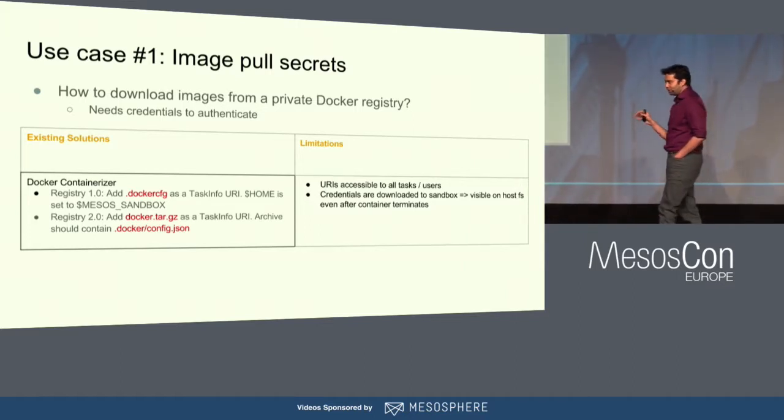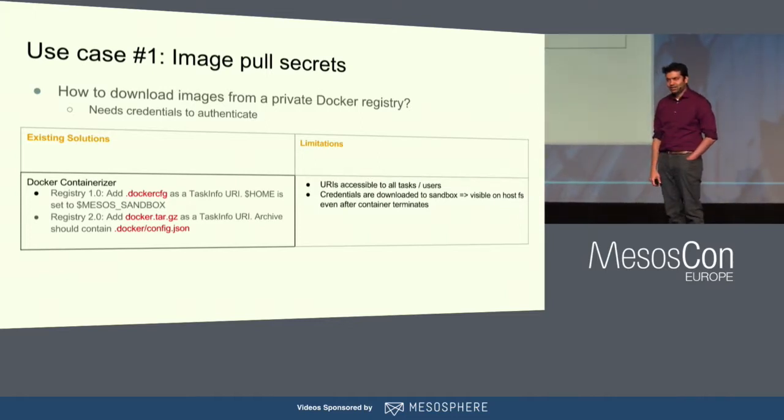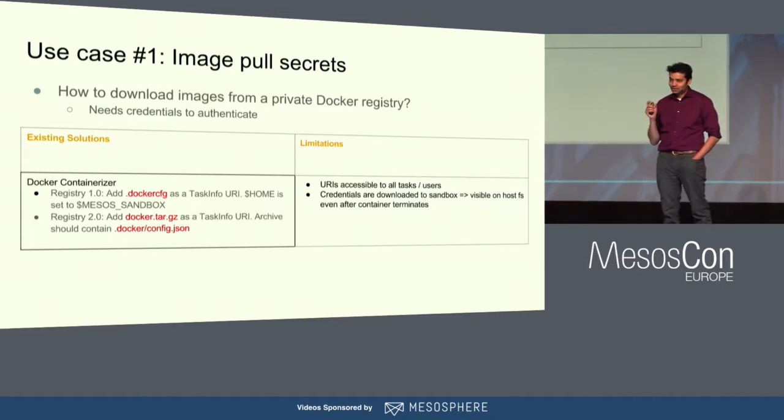The current solution that we have in Mesos is a bit hacky. If you are using Docker Registry 1.0 or 2.0, we take a special interest in some of the URIs that you send to us, and we interpret them differently.